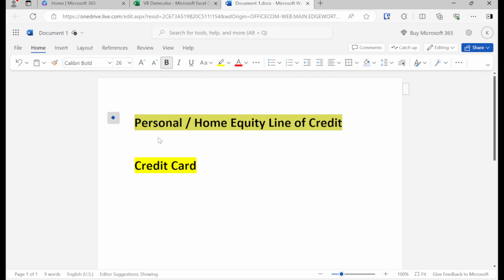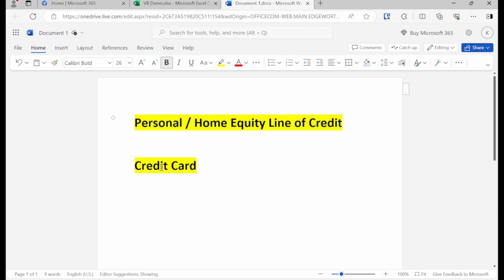The reason I categorize these in the same bucket is because, in my opinion, the only difference between a personal and a home equity line of credit is that one requires collateral. When you have a home equity line of credit, you're putting your home equity up as collateral. Therefore, they're going to give you a line of credit based on that, and they have different features.